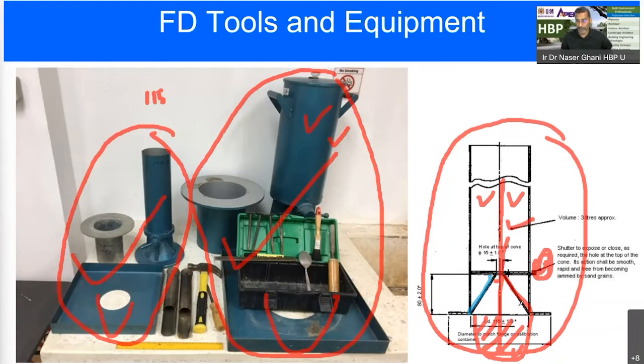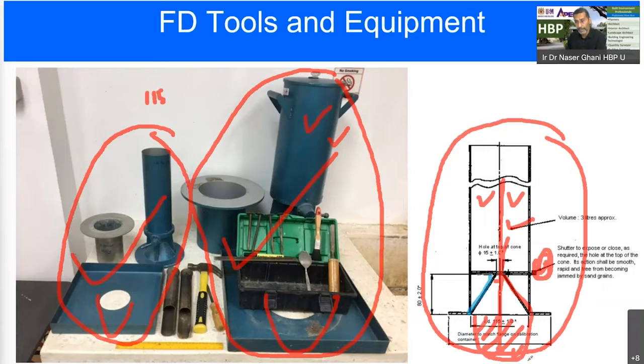The reason we have the cone here is that the cone will tell us exactly how much sand is left after it fills up the hole here, right? So that we know exactly the amount that goes into the hole.